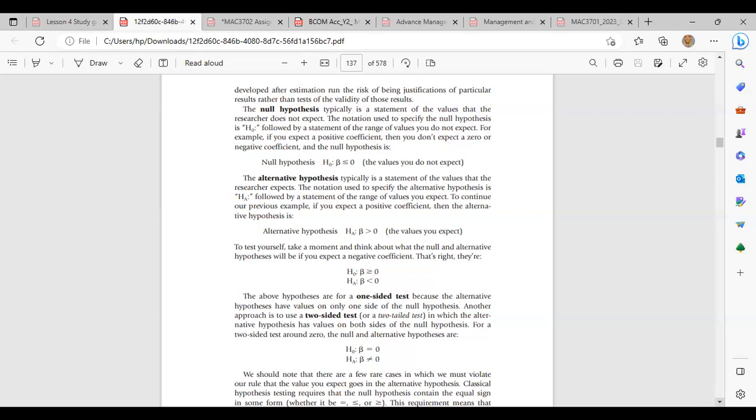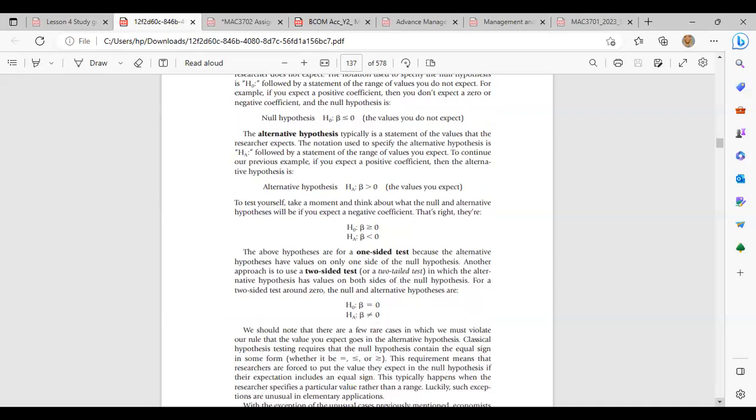So what is a one-sided test now? A one-sided test is basically what we have dealt with. Where you are saying it's either negative or positive, right? Sorry, let me not put it that way, now it's going to look like a two-sided test. A one-sided test is basically saying we are expecting the coefficient to have a specific sign.